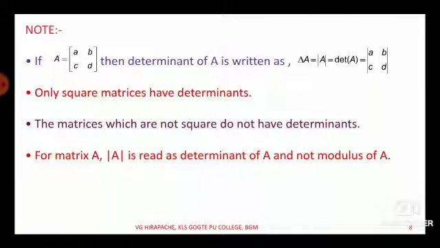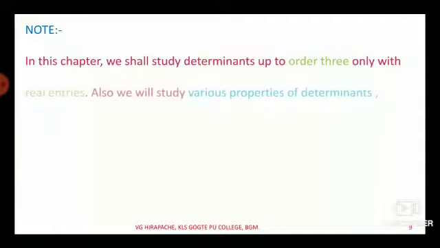Third note: matrices which are not square do not have determinants. For matrix A, determinant A is read as determinant of A and not the modulus of A. Here is one more important note. In this chapter, we shall study determinants up to order 3 only, with real entries.